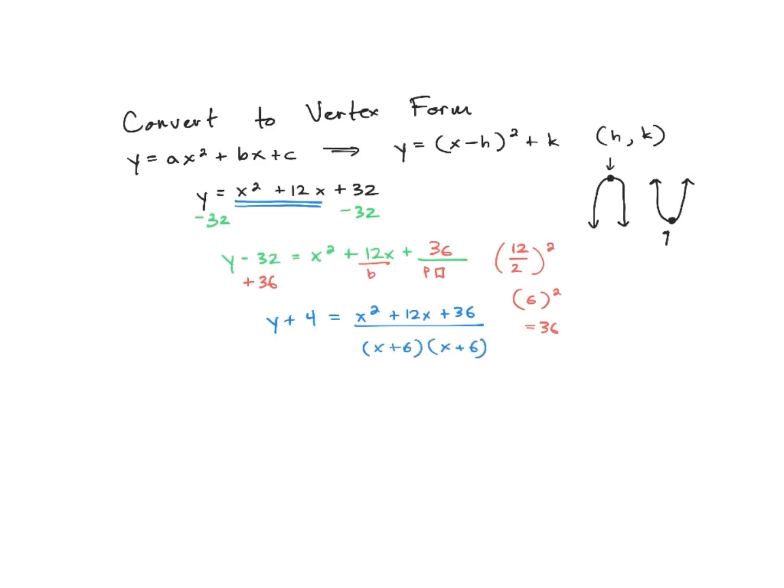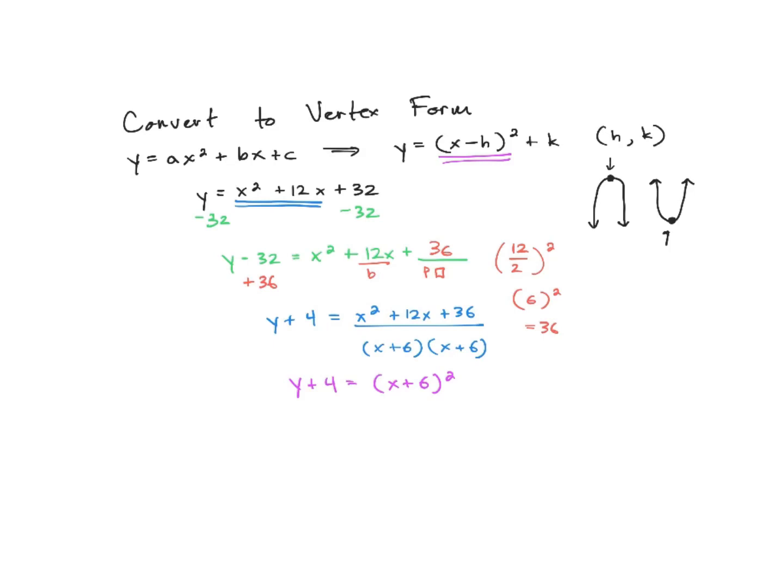And because it repeats, it ends up being x plus 6 squared. And already I'm seeing the creation of that x minus h squared piece of my vertex form.